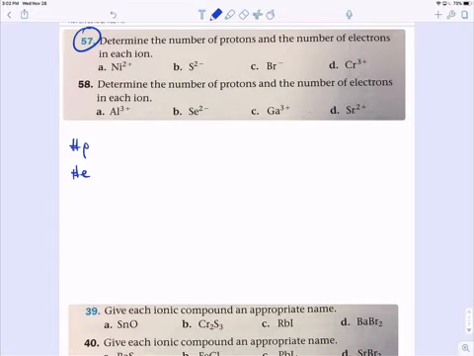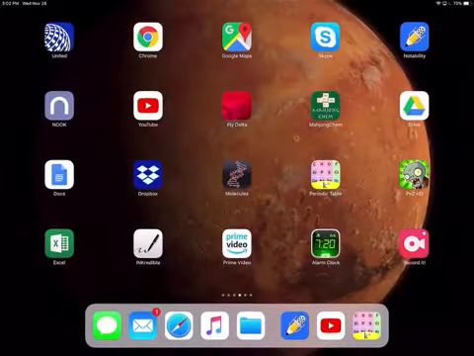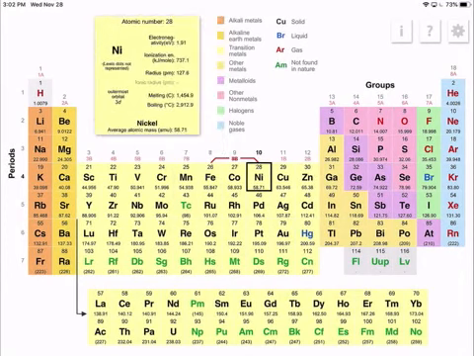For nickel, it's got 28 protons to start. And 28 is just the atomic number. I'm sorry if I'm going real far back, but I'm just making sure everyone gets it. The atomic number there, 28, that's the number of protons in nickel.